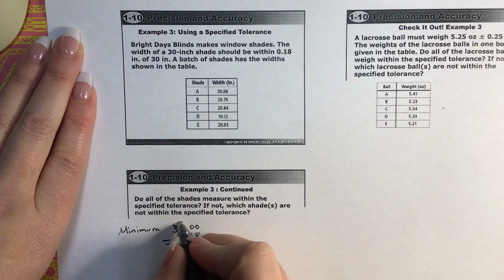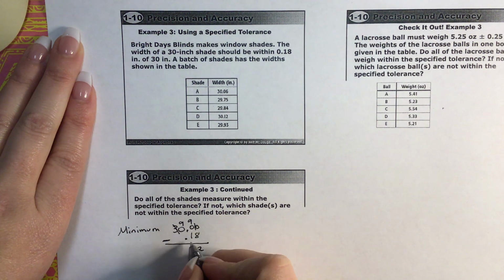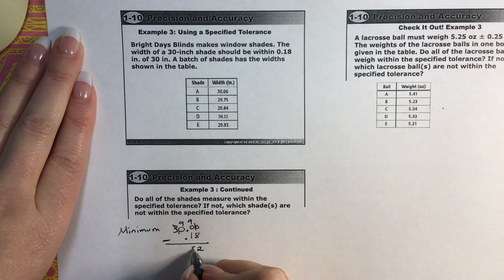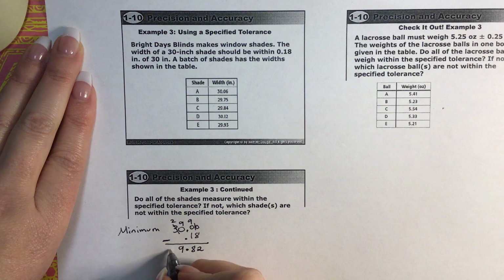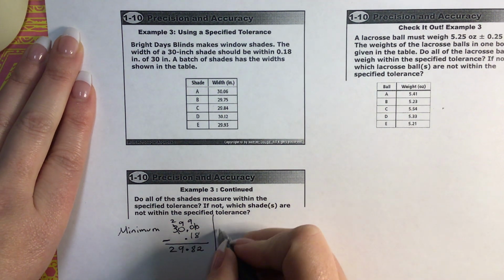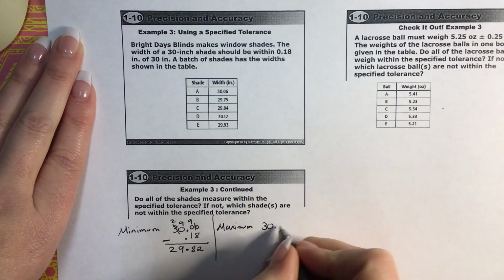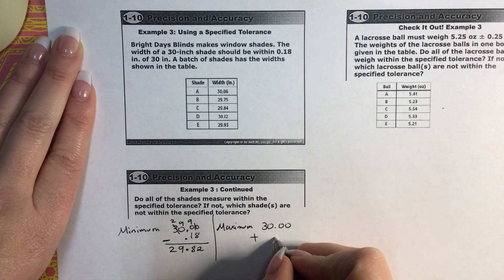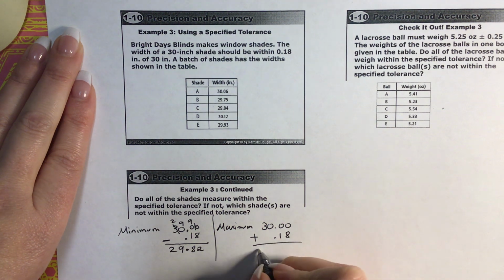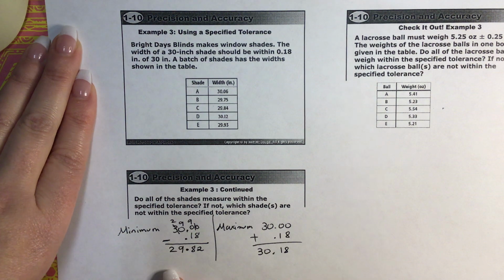And then we just subtract. 10 take away 8 is 2. 9 take away 1 is 8. Drop down the decimal, 9, and this was a 2. So that's the minimum value, 29.82, which means the maximum value would be 30 plus 0.18, and you'd end up with 30.18.